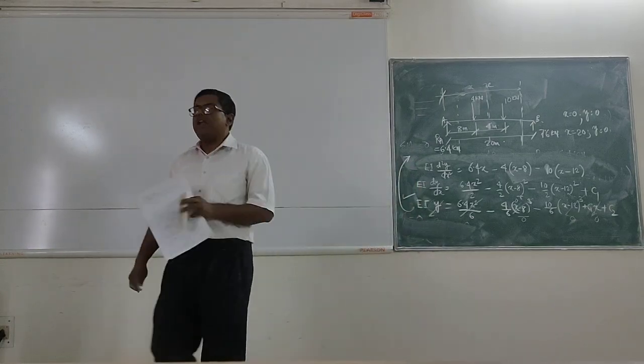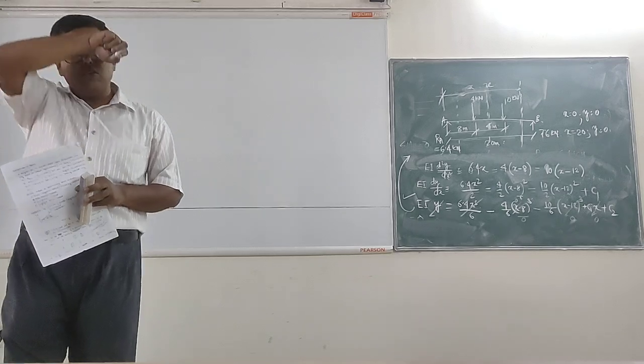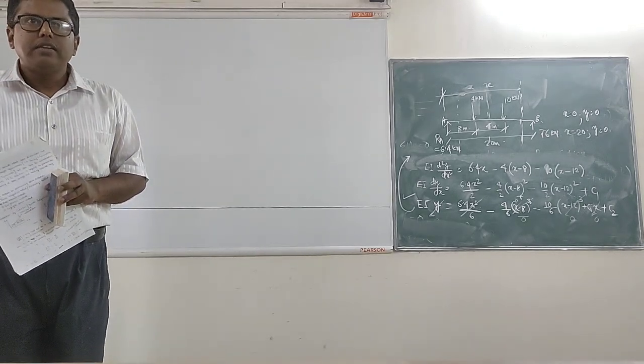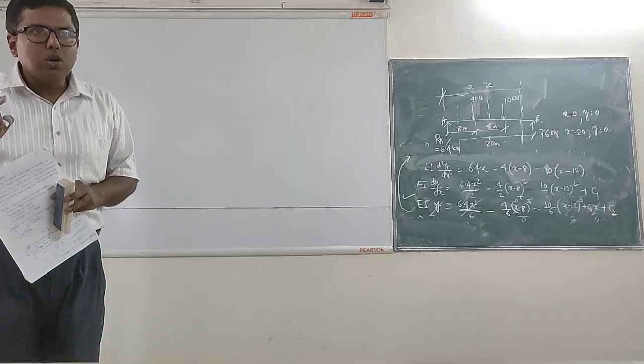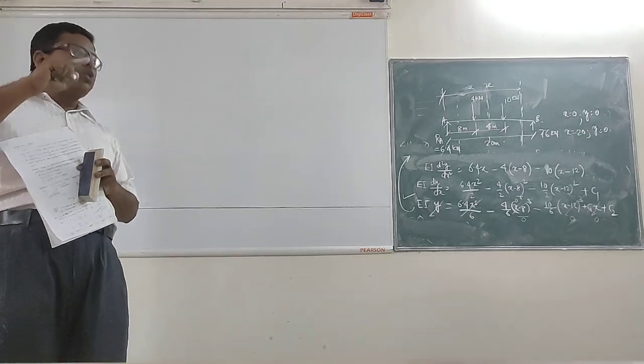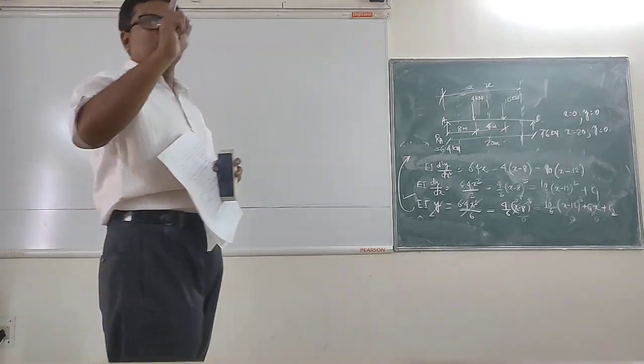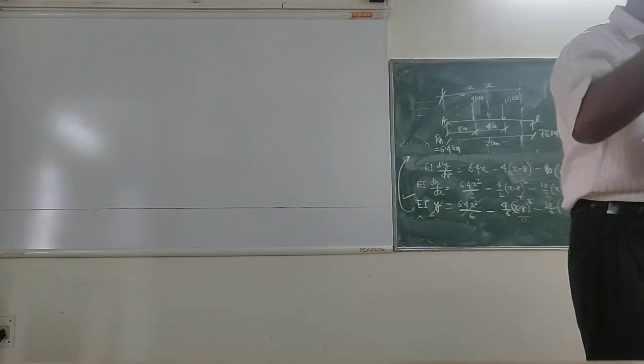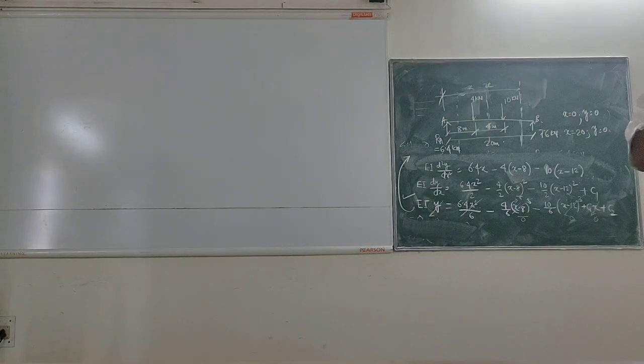So please put the values for the next condition, then we will be able to understand. What is the next condition? At x equal to 20, y is equal to 0. So that means the value of x is equal to how much? 20. So I will put the value as 20 for all the x's.